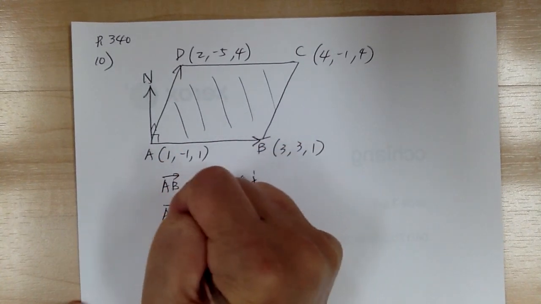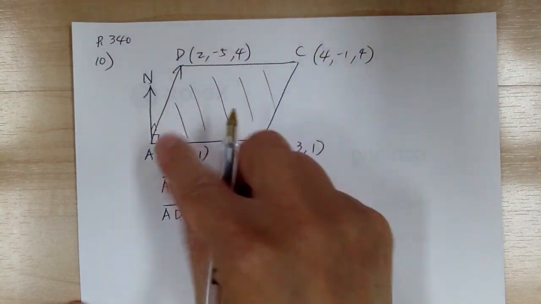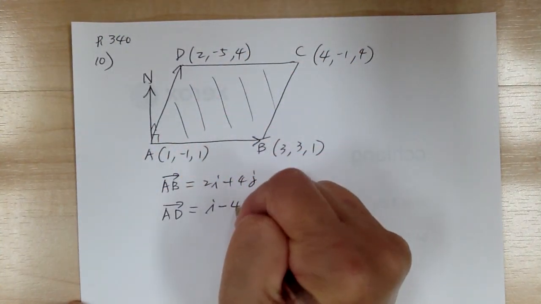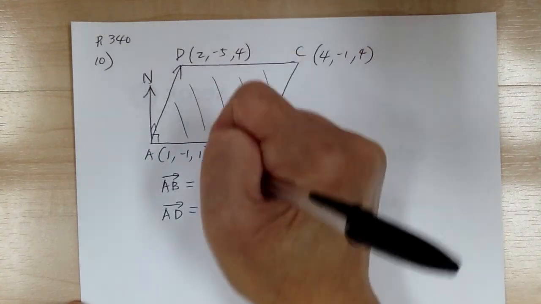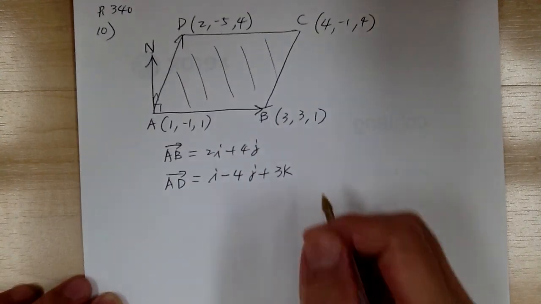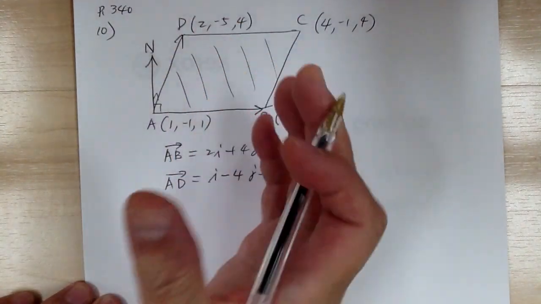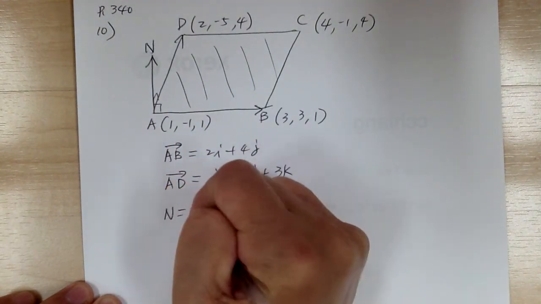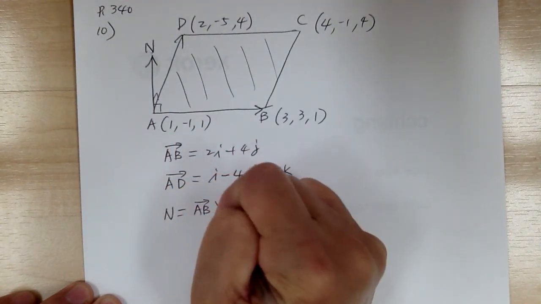And vector AD, so you have to use this minus side, so get i minus 4j plus 3k. Then next, once you get these 2 vectors, you can go and cross multiply to get the normal. So the normal equals AB cross AD.